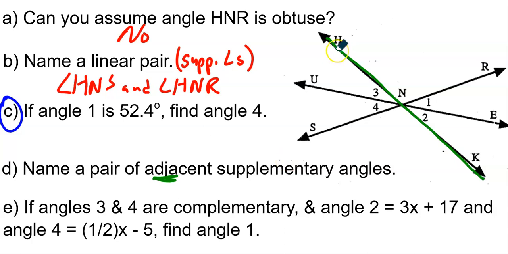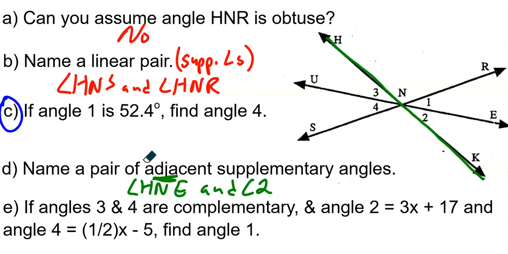So for adjacent supplementary, I'm going to say angle HNE, angle H and E, and then I'm also going to do an angle 2. Again, there are a lot of answers for this one as well.